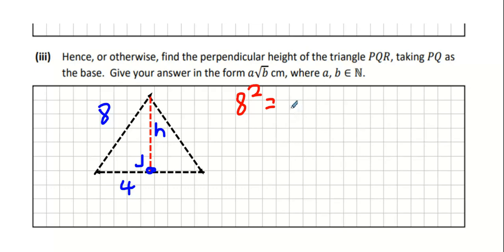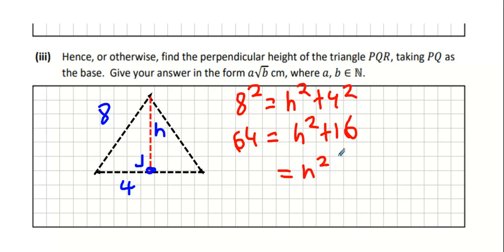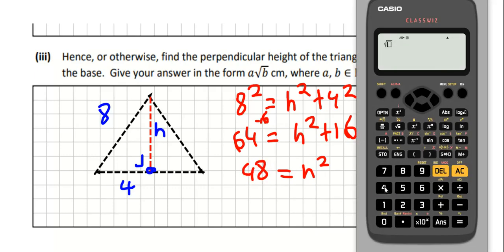What do you reckon? 64 equals h squared plus 16. Take away the 16 and what do we get? 64 take away 16, 48. Square root 48. 4 root 3.